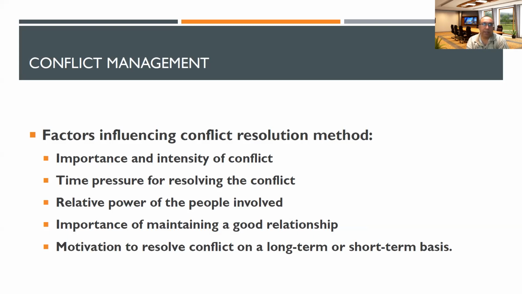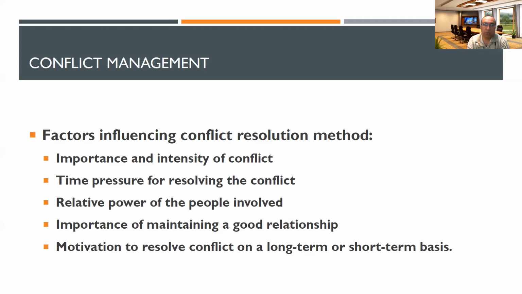So the factors influencing conflict are that you have to understand how important it is. Is there a time pressure for solving the conflict? Do you need to fix the conflict within a certain time period? What is the relative power of the people involved? Are they senior level people? Is it lower level people? What is the situation of the power of the people?